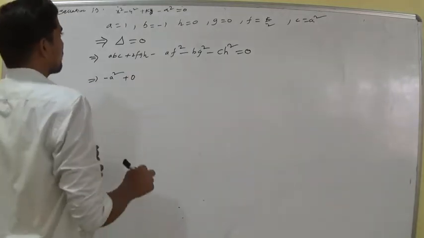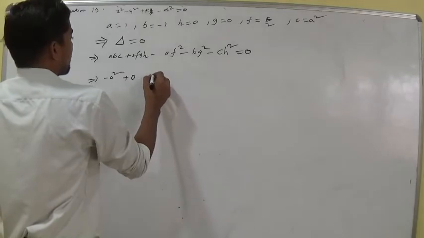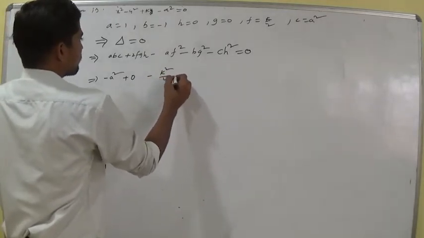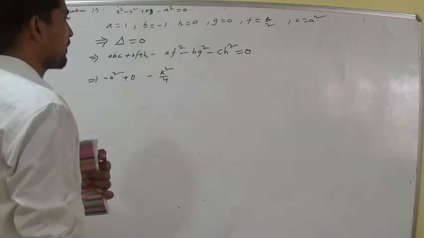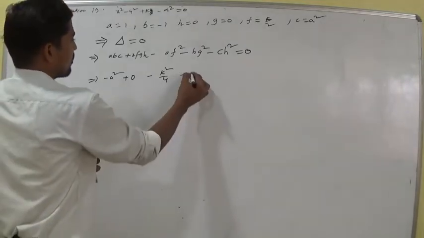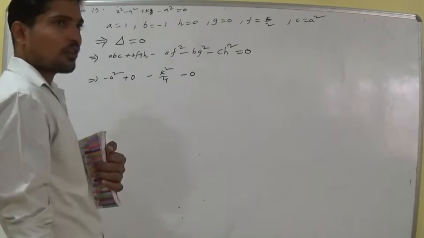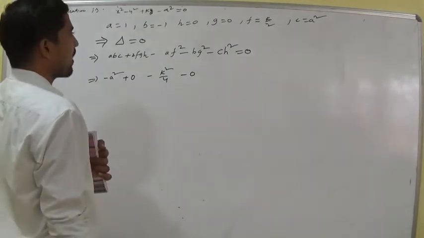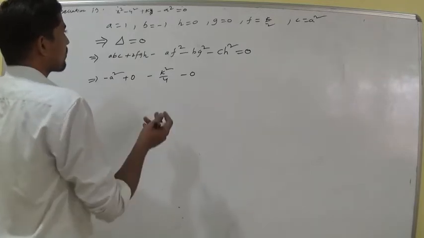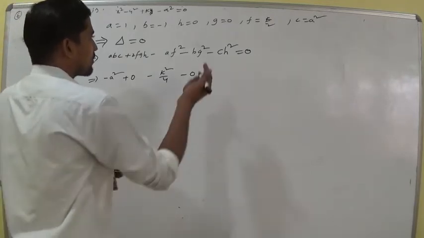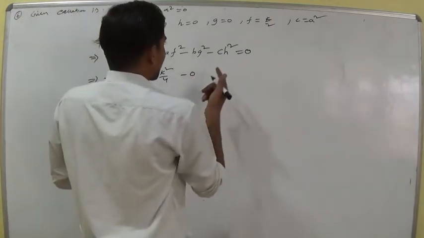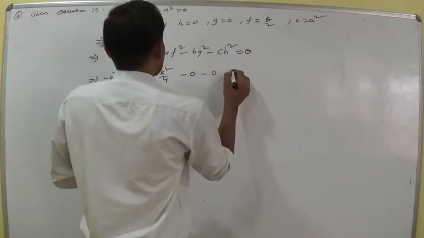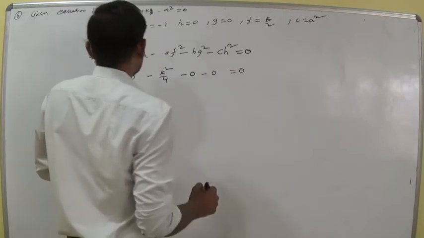AF square, so minus K square by 4. BG square, which is 0. Why? Because G is 0 here. And CH square, H becomes 0, then CH square is also 0.